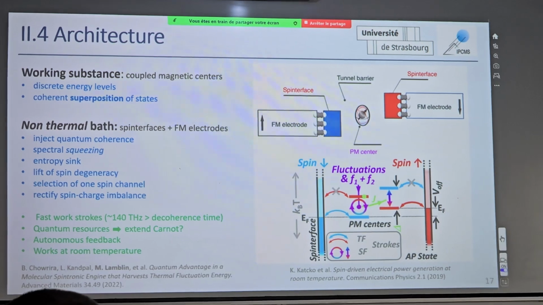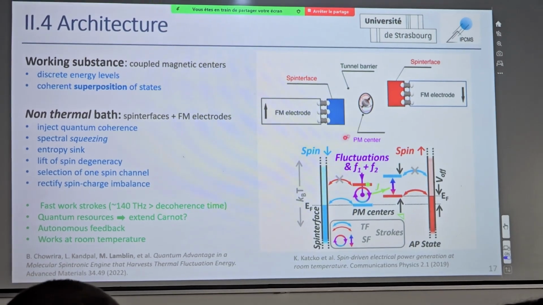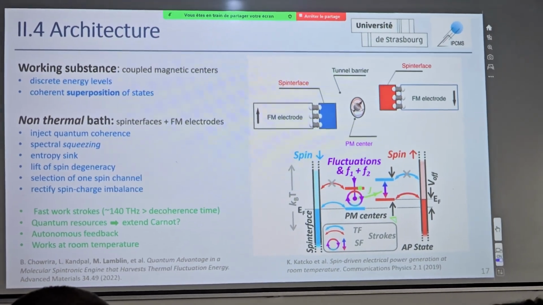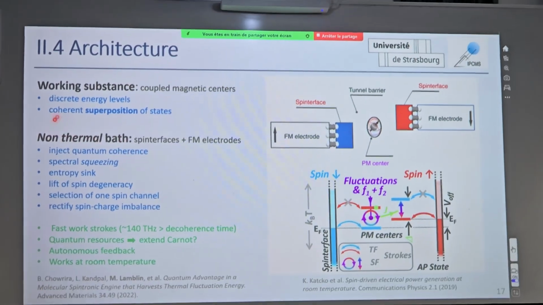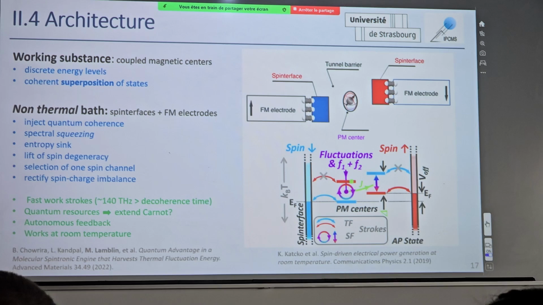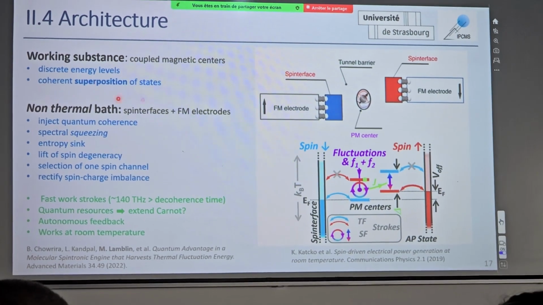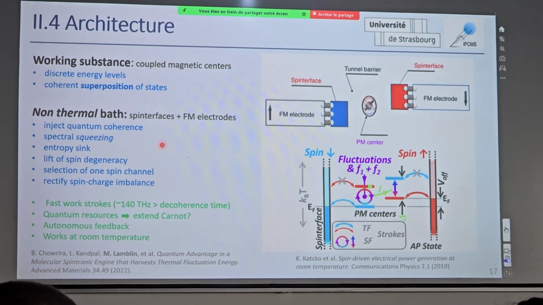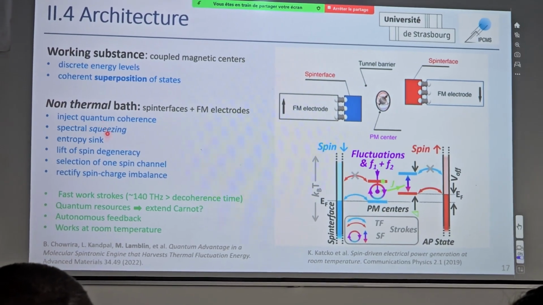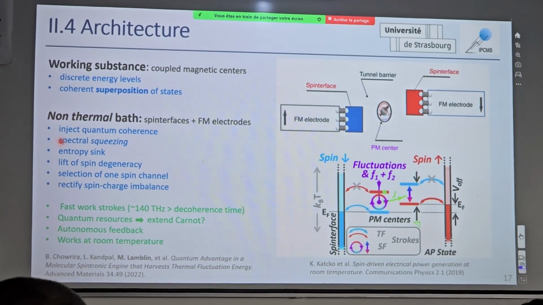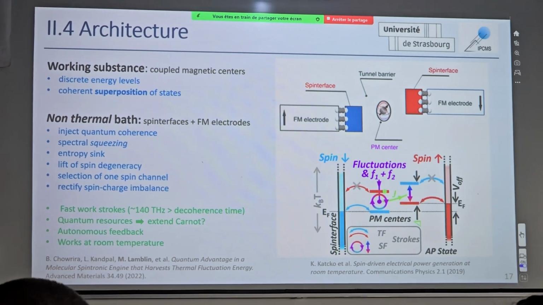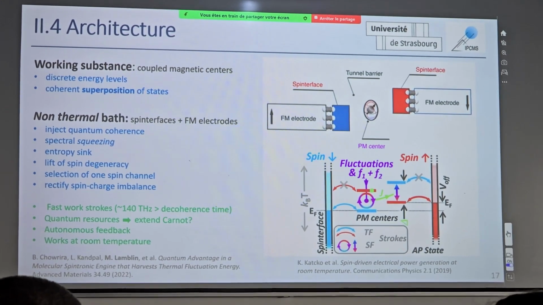And then you have the combo of the ferromagnetic electrodes and the spinterfaces, which is leading to a non-thermal bath. A non-thermal bath is some kind of bath which has some special property, for example, to inject quantum coherence, induce spectral squeezing, and behave as an entropic link.